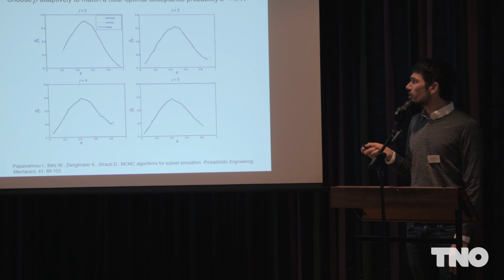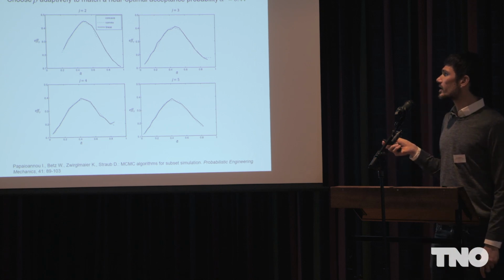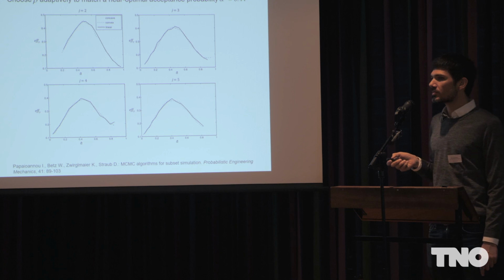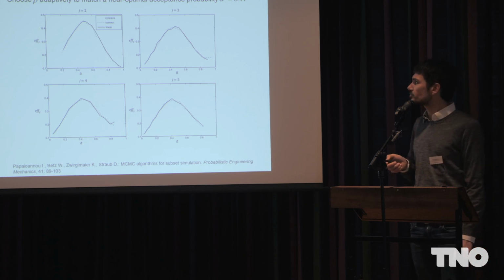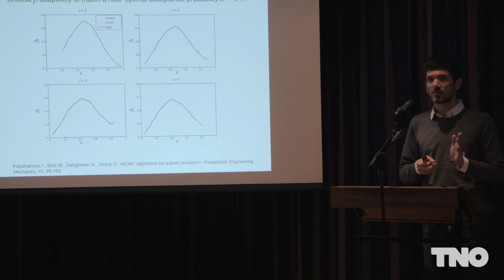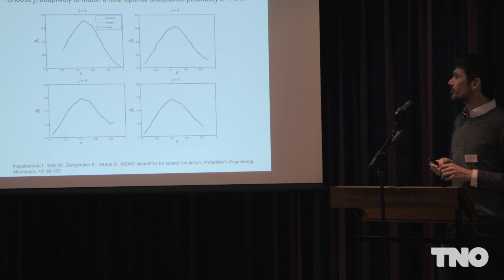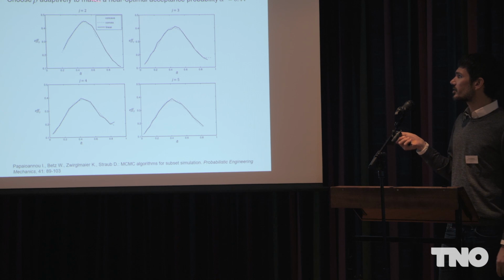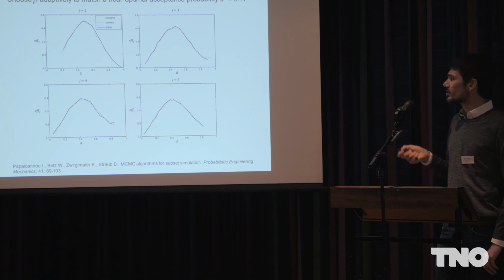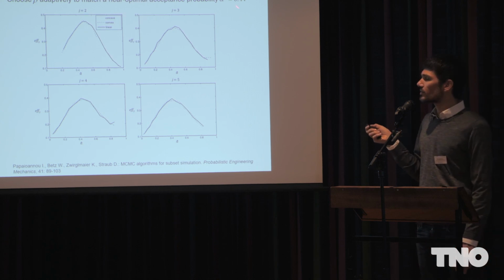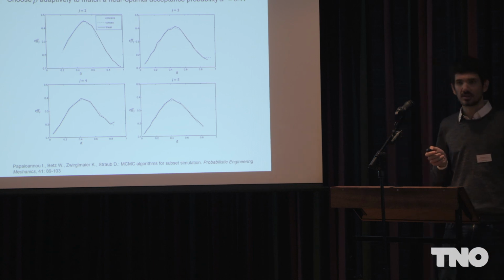In addition, we have looked at optimizing the performance of this algorithm by adaptively choosing the correlation parameter between the current and candidate state of the chain. We have seen that the performance of the algorithm becomes optimal when the acceptance rate of the algorithm is around 44%.